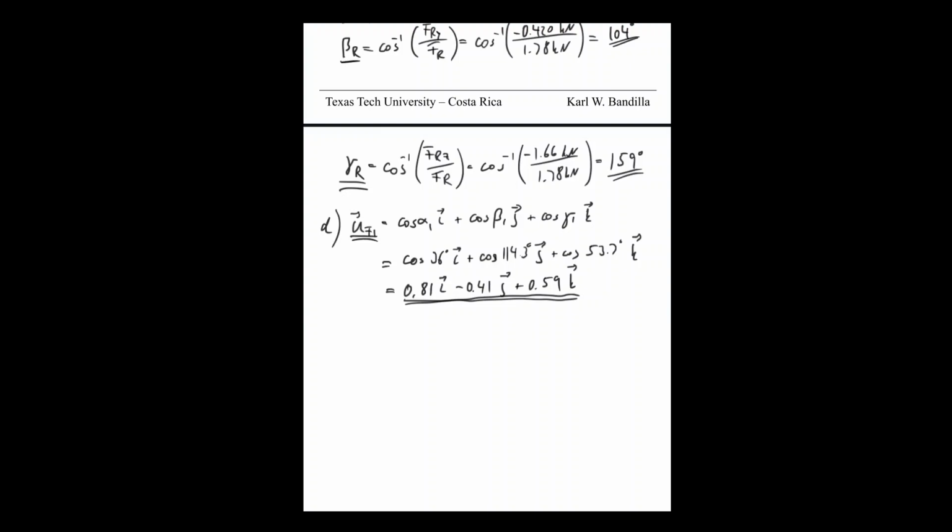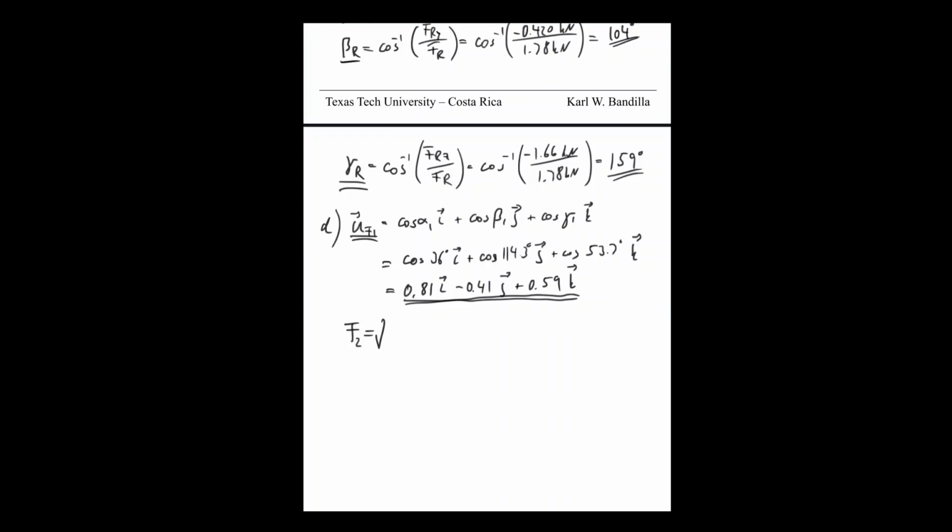Now for the other unit vectors, we're not given the directional angle, so we'll have to find the magnitude and then divide the Cartesian vector by the magnitude. We'll start by finding the magnitude of F2.